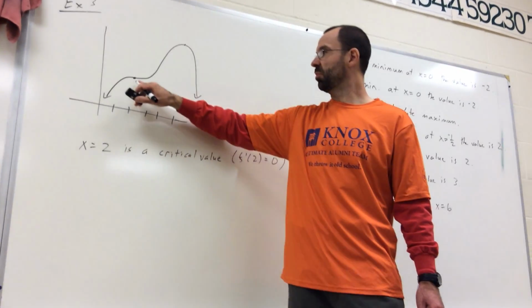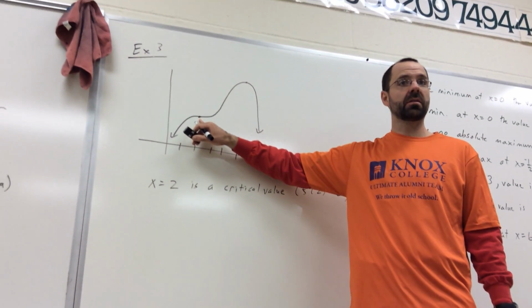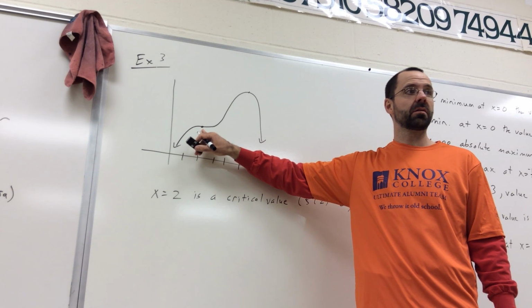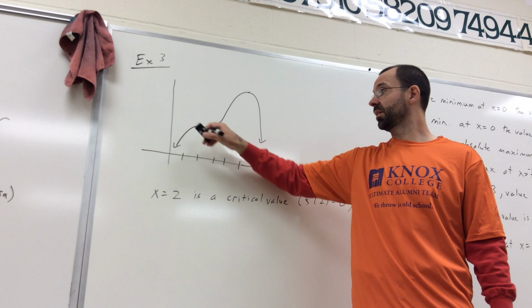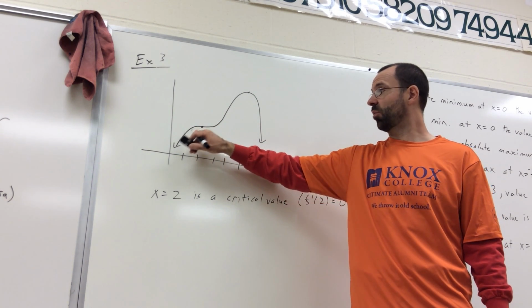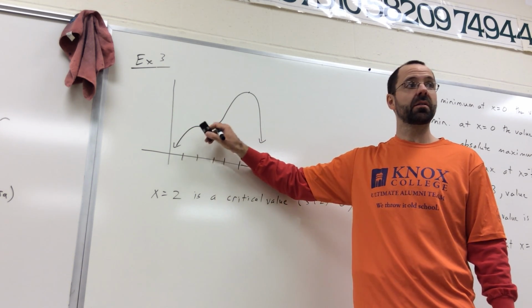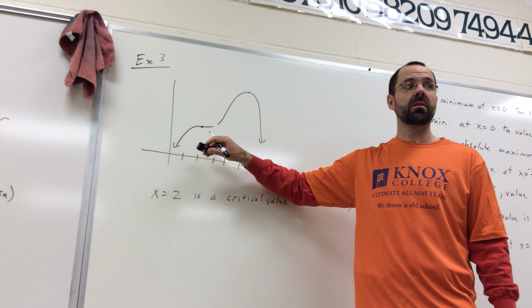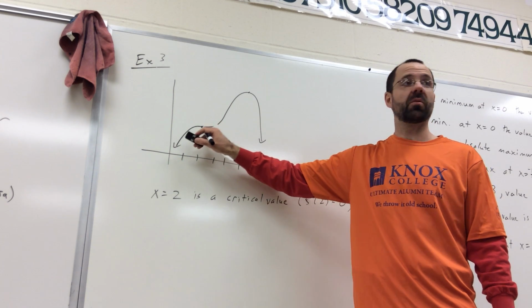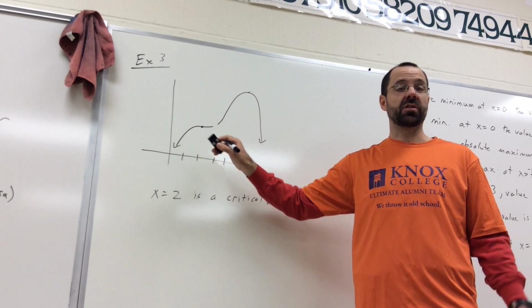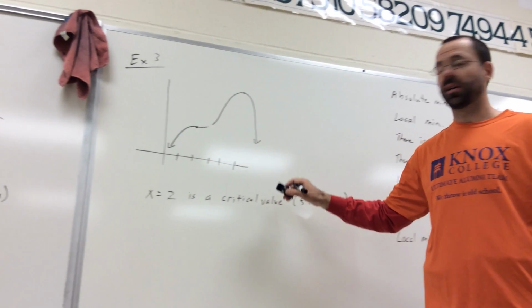Is there a local min or max there? No, there's not, because this point is higher than these points, but it's lower than these. It's higher than these, and it's lower than the ones to the right. So there's not a local extrema there.